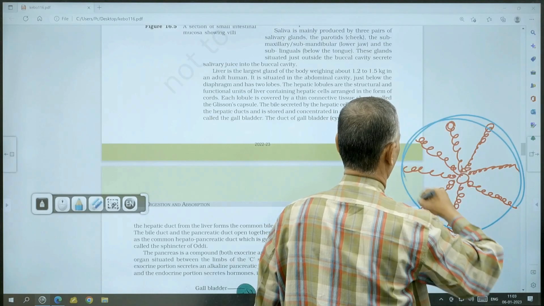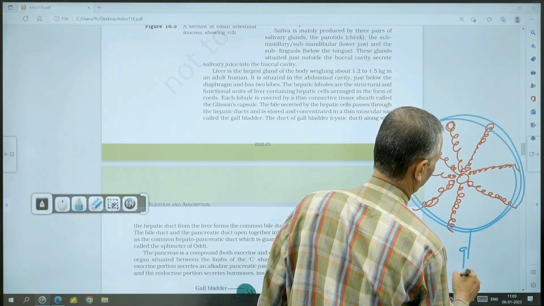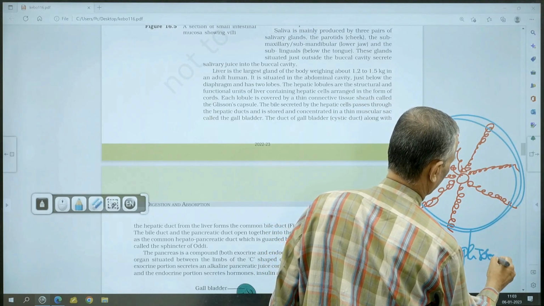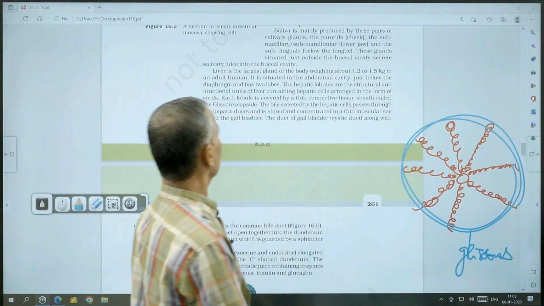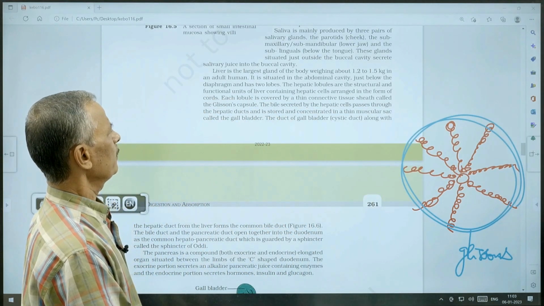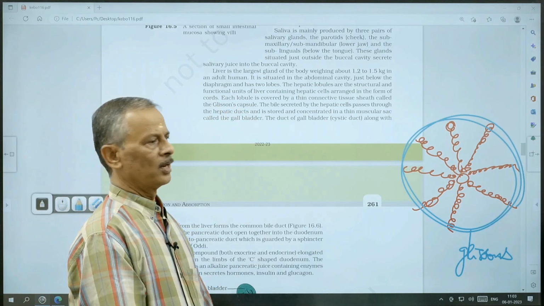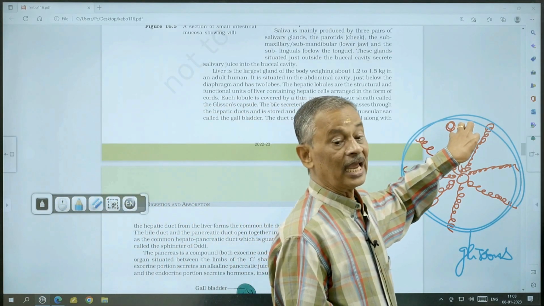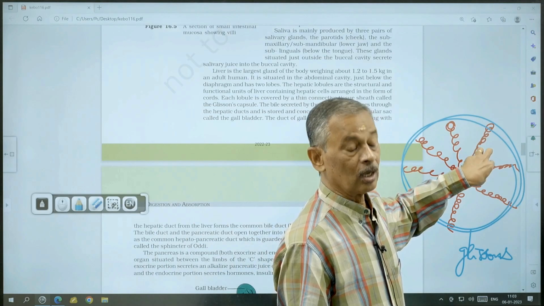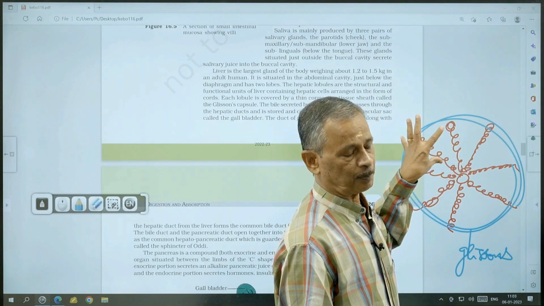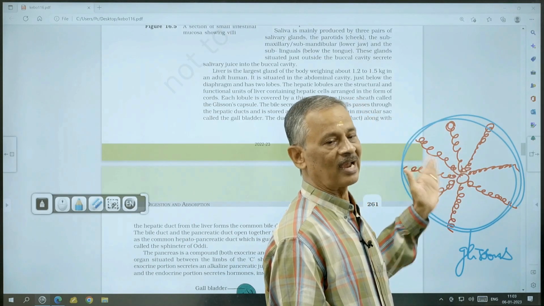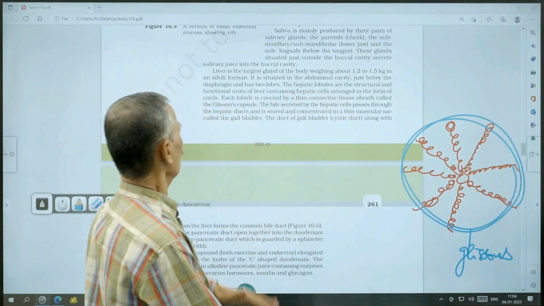That covering is called Glisson's capsule. This is the structure of a hepatic lobule. There is a large number of hepatic lobules in both the right and left liver lobes.